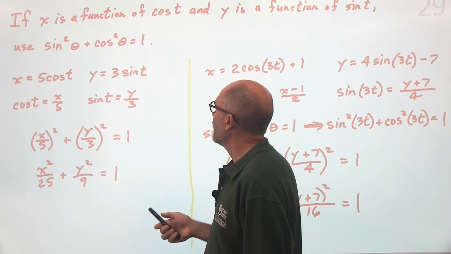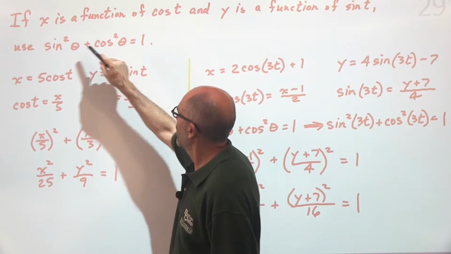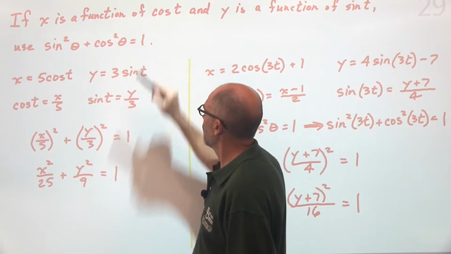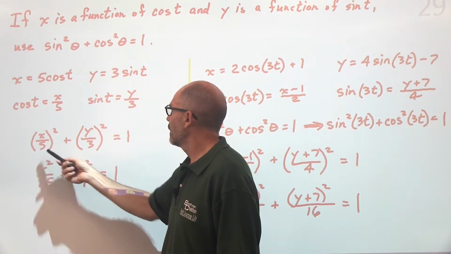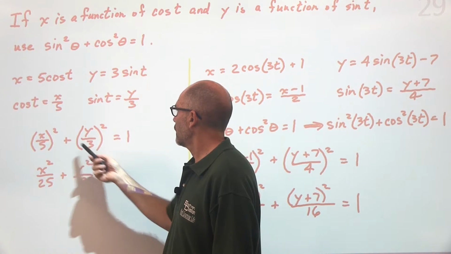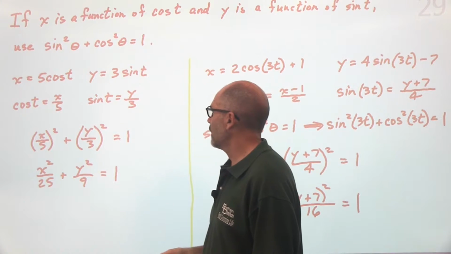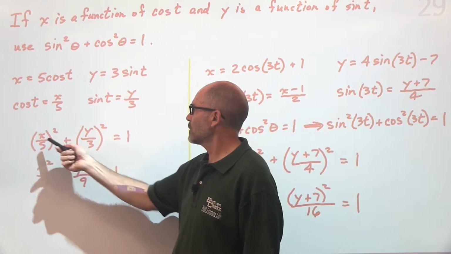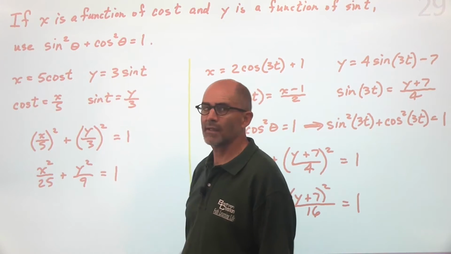So we have now cosine squared plus sine squared equals 1. Well, square the x over 5, I've got cosine squared. Square the y over 3, I've got sine squared. So cosine squared plus sine squared equals 1. Look what just happened here. We now have an equation with just x's and y's and no t's.